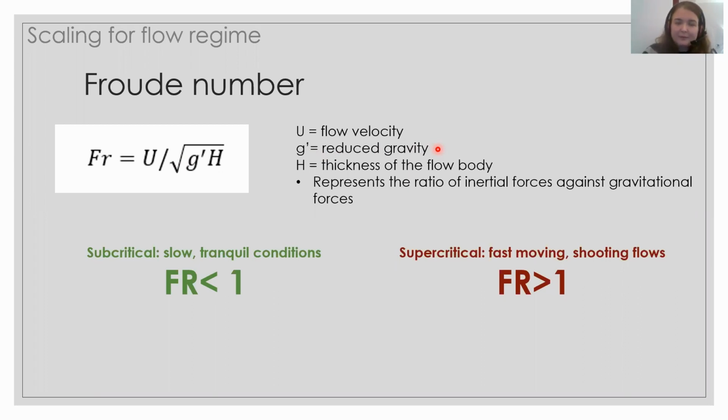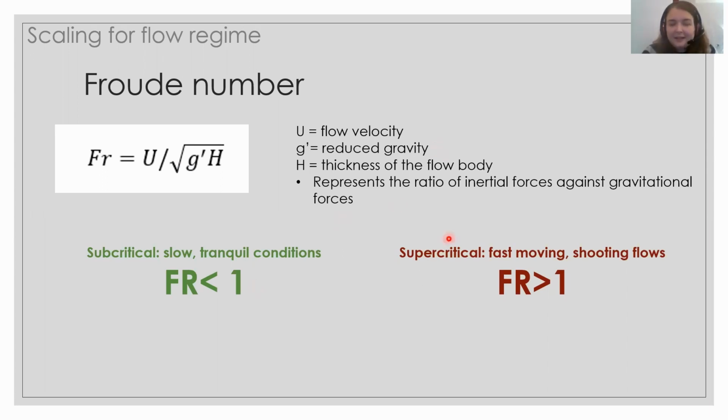So similar to the Reynolds number, the Froude number gives you more or less a ratio between the inertial forces, and this time it's against the gravitational forces. The inertial forces can transport sediment further out, and the gravitational forces are those forces that result in your sediment being deposited.